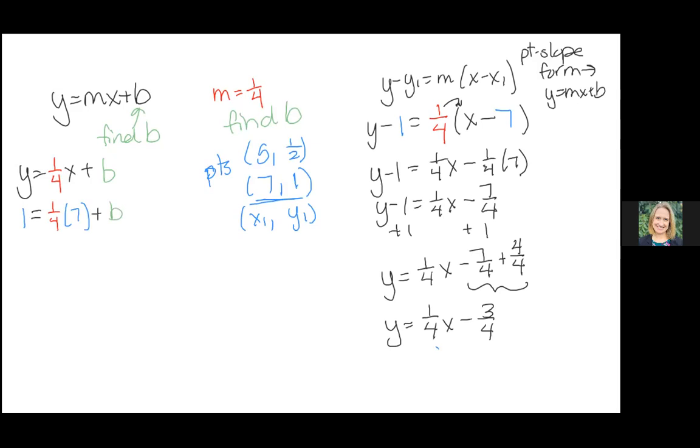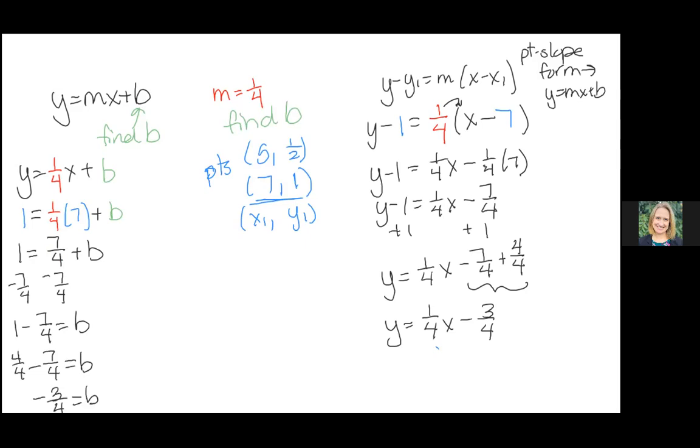So I can see I have 1 equals, again, 1/4 times 7 is 7/4 plus b. Now I want to take away 7/4 from both sides. And now I get 1 minus 7/4 equals b, or 4/4 minus 7/4 equals b, which gives me negative 3/4.